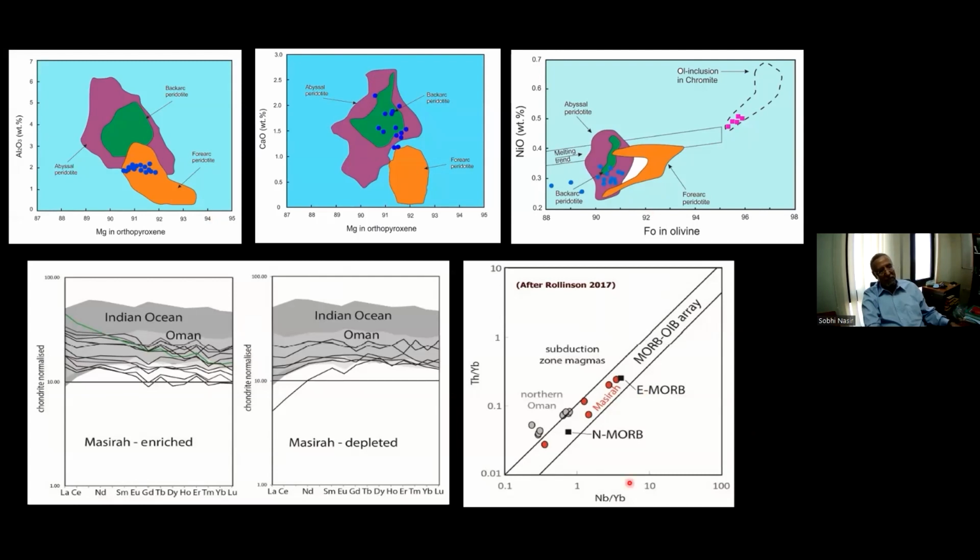And even if we plot this famous diagram, we'll find that the Masirah rocks are lying along the MOR ocean island basalt array. And here, by comparing the chondrite composition, we'll find that the Masirah magmatic rocks are very comparable with the Indian Ocean composition.